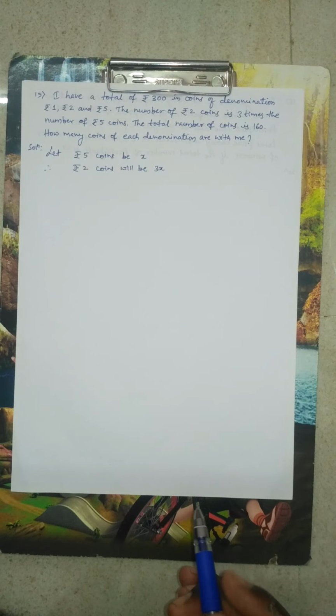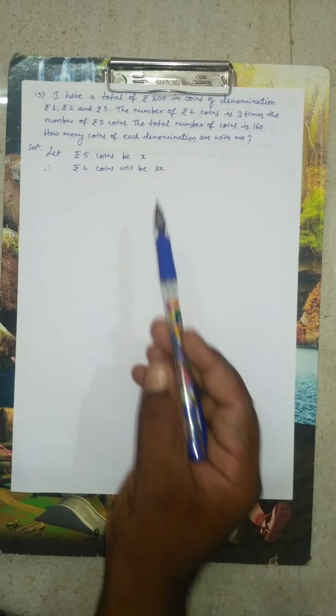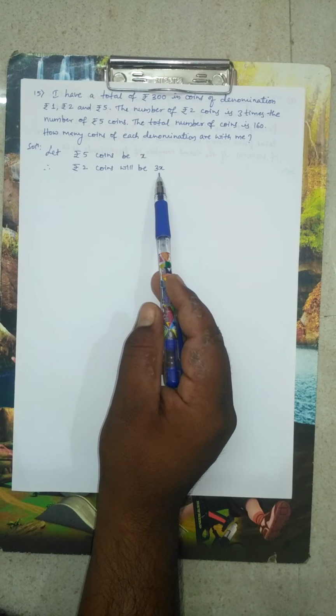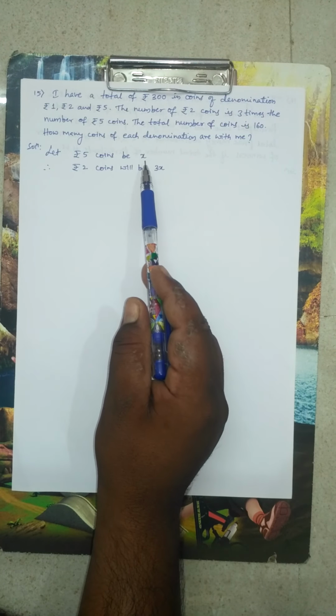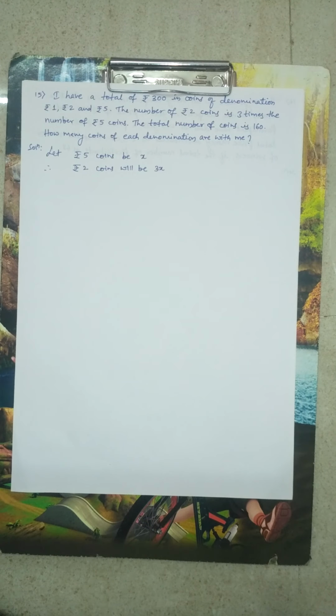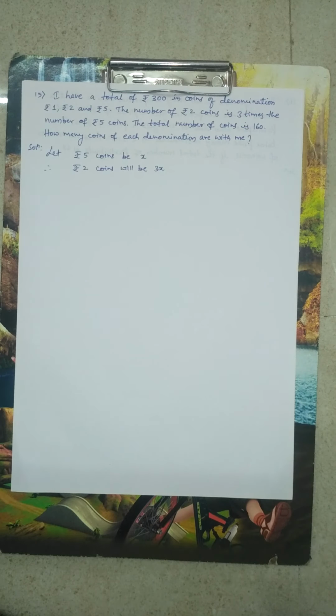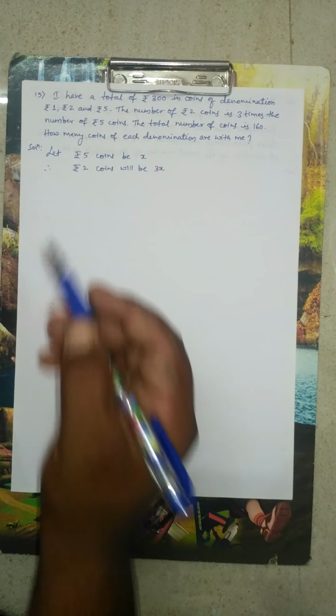In that 160, x and 3x are the 5 rupees and 2 rupees coins. If you remove x and 3x from 160, we get the number of 1 rupee coins.